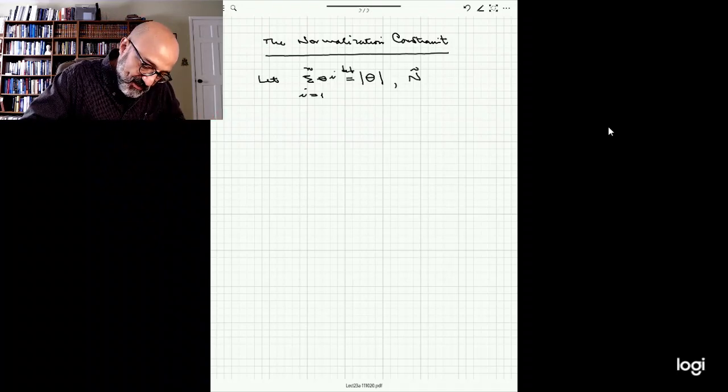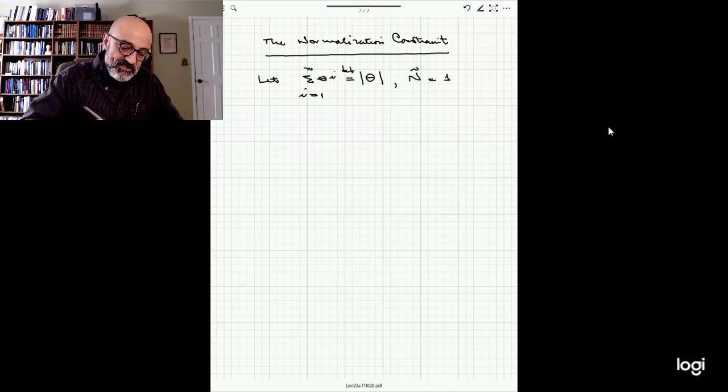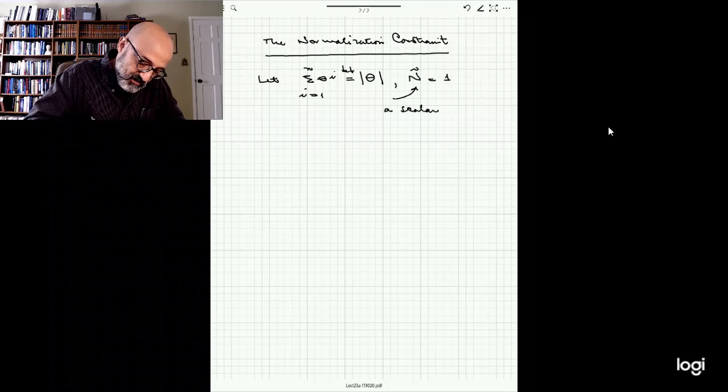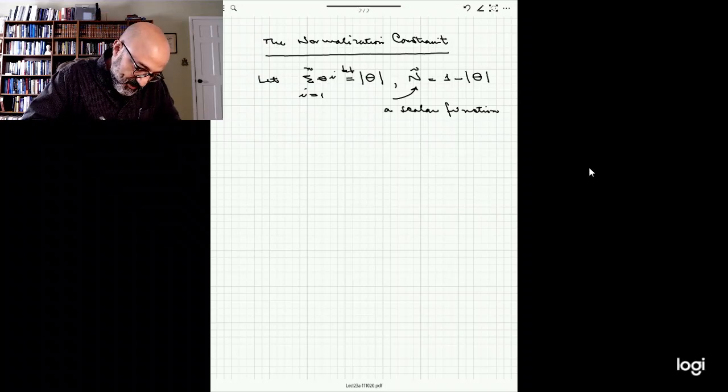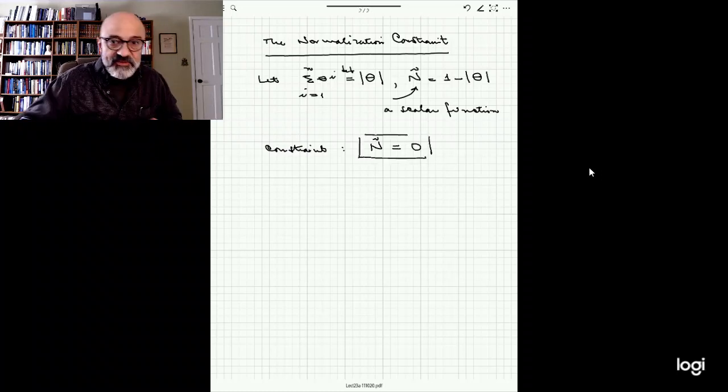In this particular case, this scalar function is 1 minus the normalization of theta. Clearly the constraint then is given by n equals 0. So this is the constraint that we want to impose.